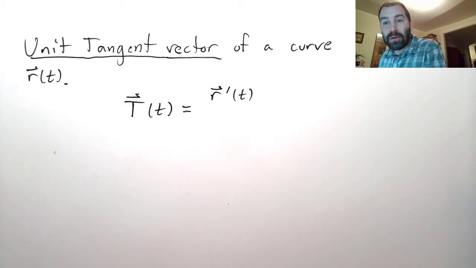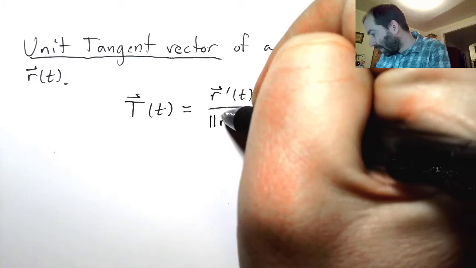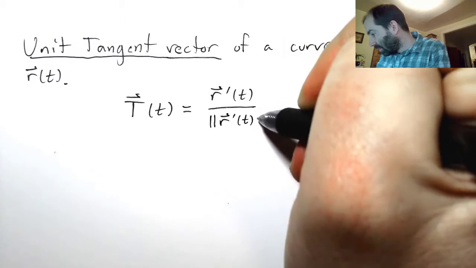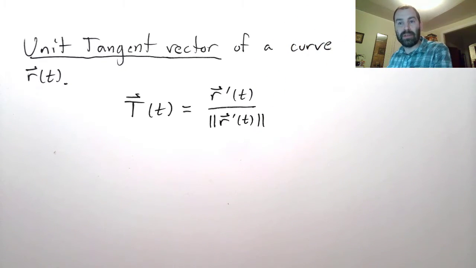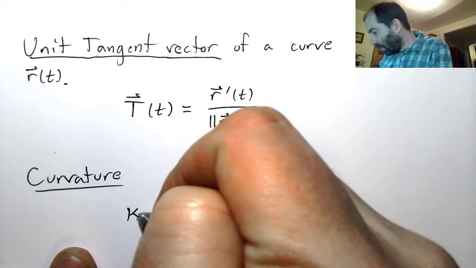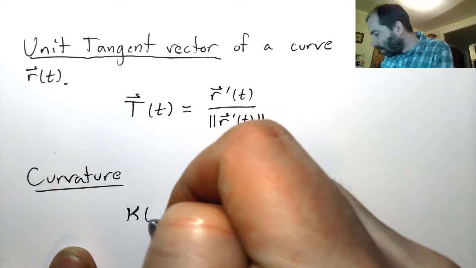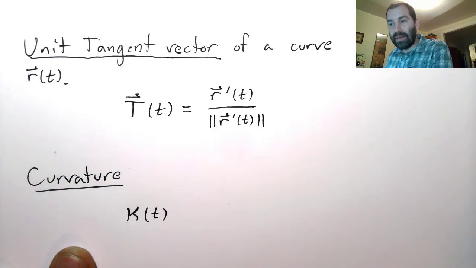So how do we get it to be unit length? We divide by its length. And that will make its length 1. And so that's very simple. That's how we get the unit tangent vector. And we're going to use this to define curvature. Curvature is denoted by the Greek letter kappa. It's like a little capital K with curly legs. And it depends on where we are on the curve, so it will depend on t.